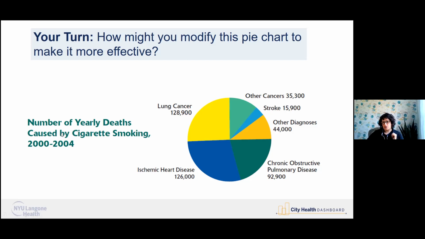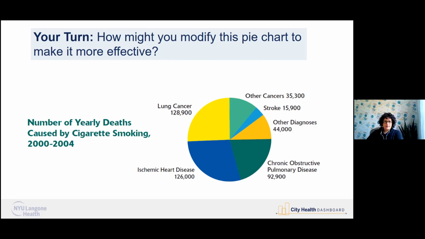Maybe changing the title here to specify number of yearly deaths caused by cigarette smoking by disease, since that's really what it's showing. Coding it with metadata that can help people use assistive software, great point. Yeah, and more common language for the labels potentially, again, really depending on that audience.